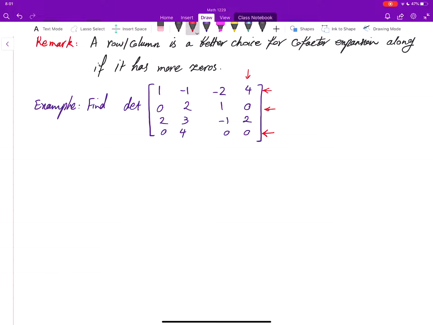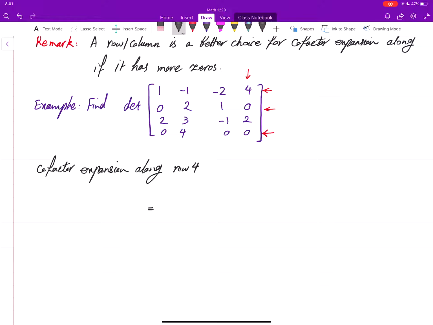Okay, so we are doing cofactor expansion along row 4. What would that give us?